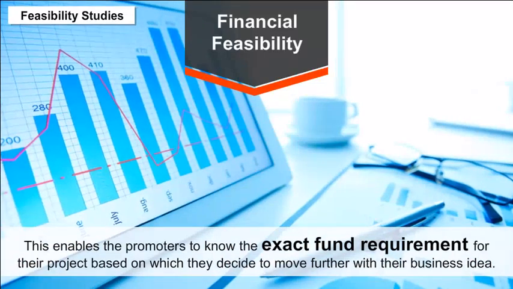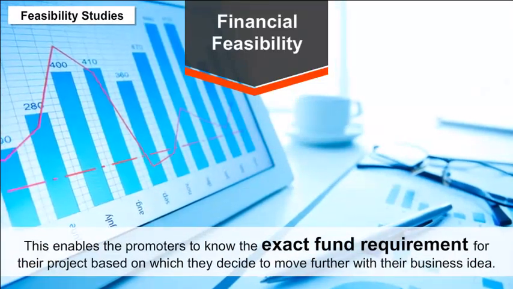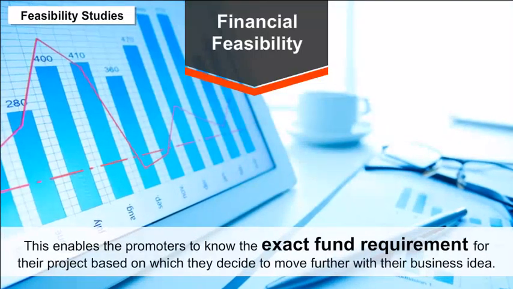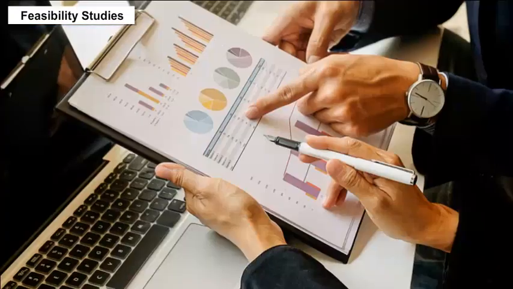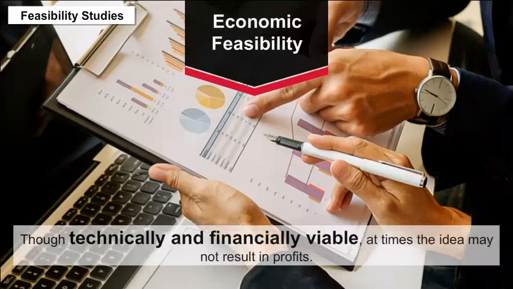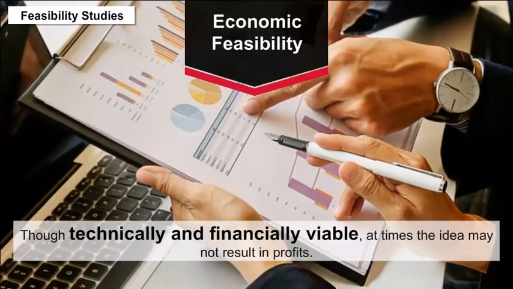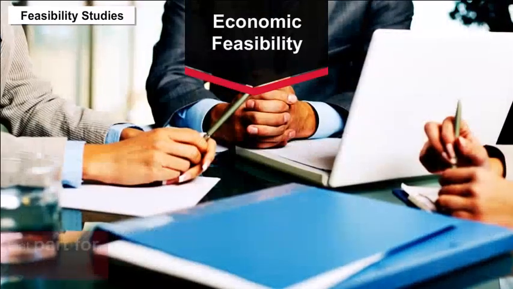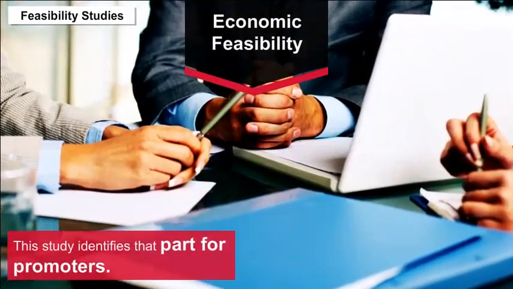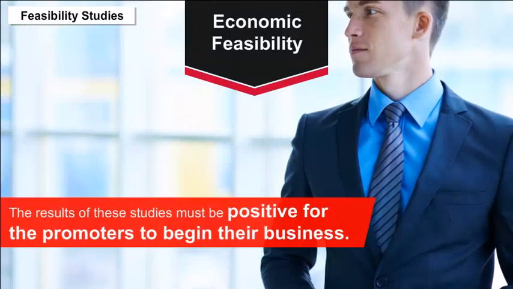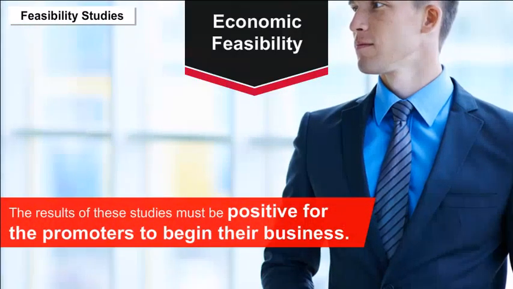This enables the promoters to know the exact fund requirement for their project, based on which they decide to move further with their business idea. Economic feasibility. Though technically and financially viable, at times the idea may not result in profits. This study identifies that for promoters. The result of these studies must be positive for the promoters to begin their business.